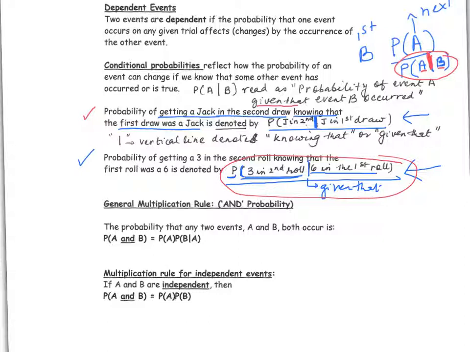Now, why do we need to know anything about dependent and independent events? The reason why we need to study that is because of this first rule, which is called the general rule of multiplication.